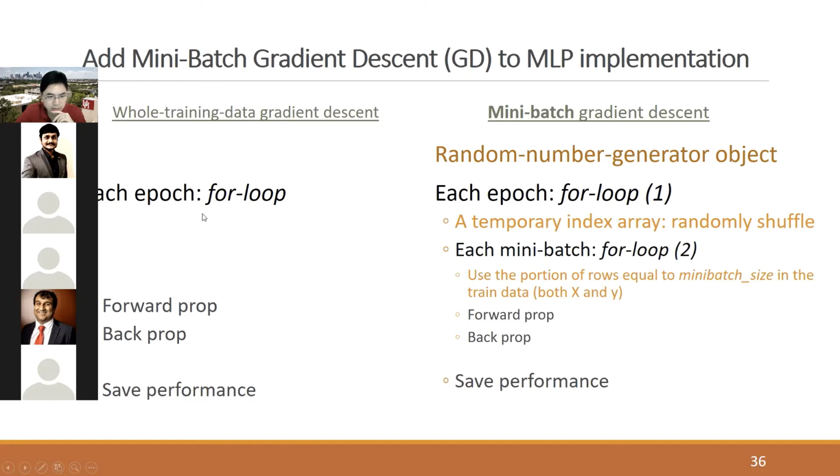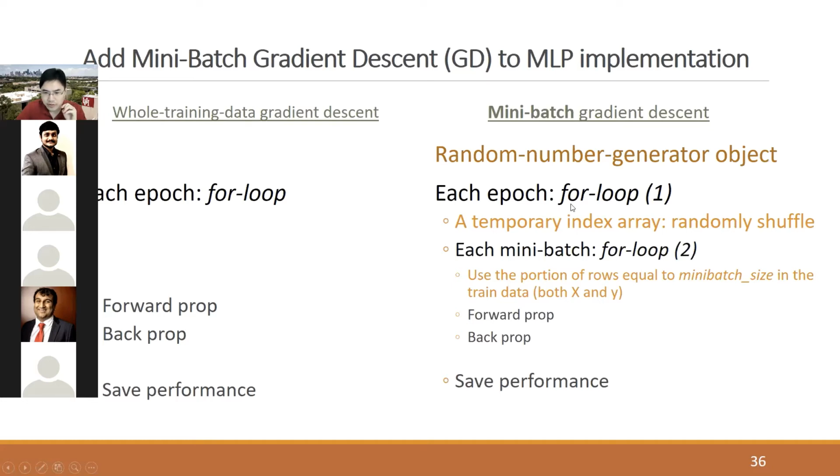The essential steps are within each for loop, after initialization, you have a forward prop and a complete backward prop, and save the performance, calculate the cost, calculate the accuracy, and you're done. That's the simple process. But when you have mini batch gradient descent, you have additional steps.